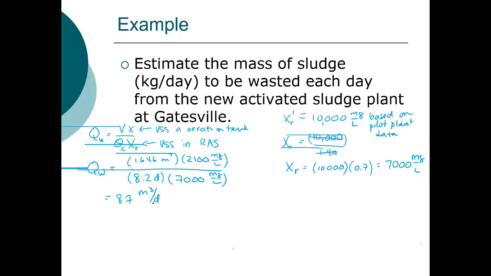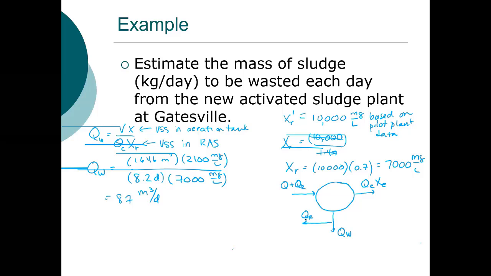So thinking of the system, here's the secondary clarifier. The flow entering that secondary clarifier is Q plus QR. We have Q leaving here and the VSS in our effluent. We have QR, and then we have QW.